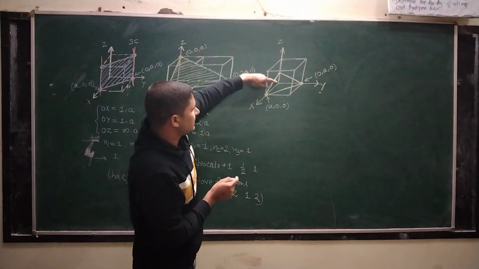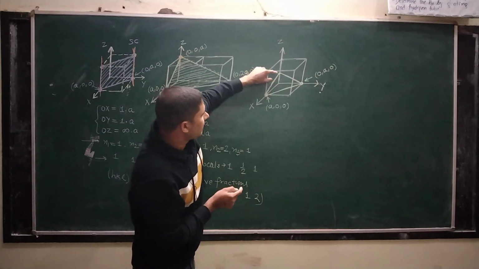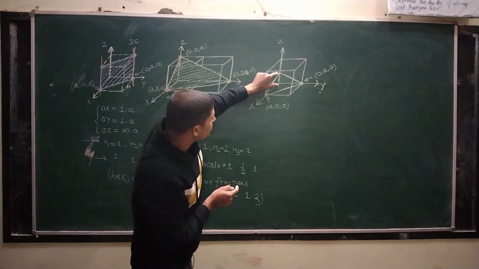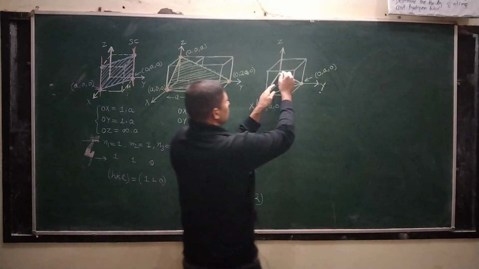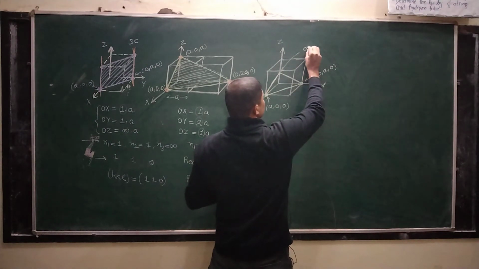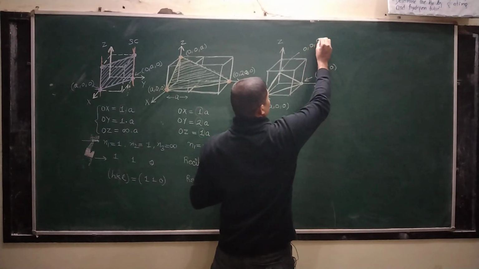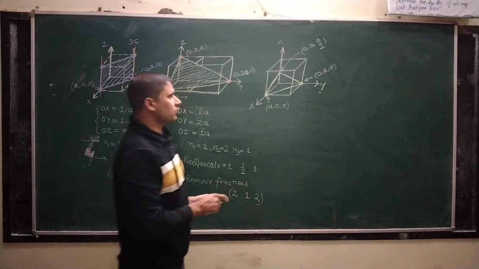Now come to the z axis. For this axis, this side is a and the point is in the middle, so it is at a distance of a by 2. So the coordinate of this point will be 0, 0, a by 2. Okay class.